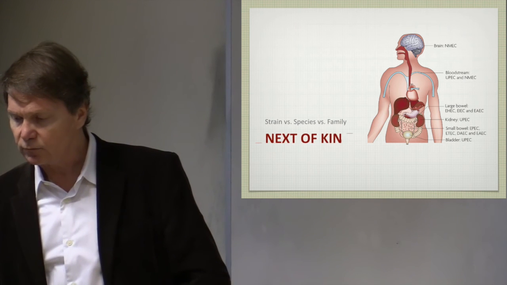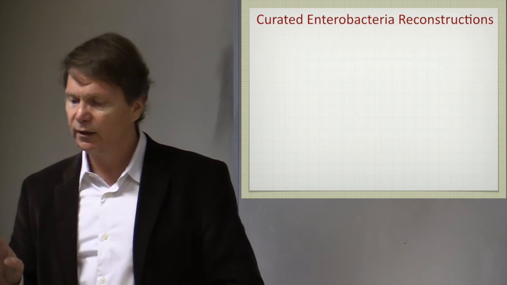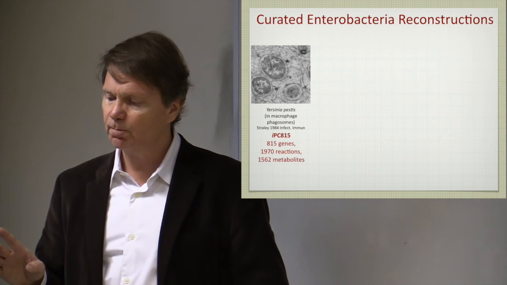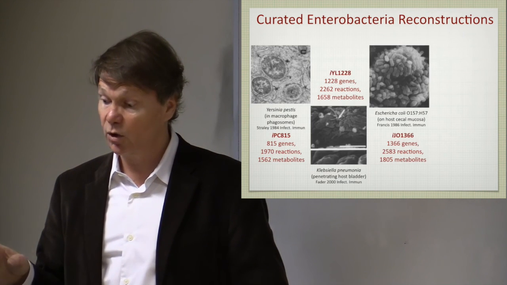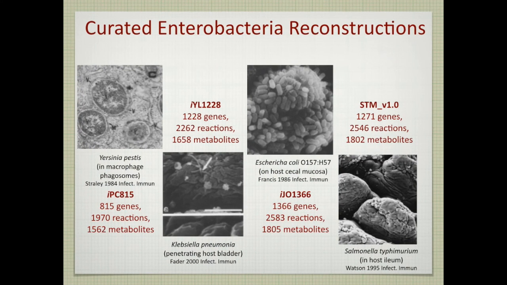And so we now have not only sequences for these E. coli strains that I'll talk about in a moment, but there are also now reconstructions of closely related species, Salmonella, like I mentioned, Klebsiella, Yersinia, which are also enterobacteria and have a large overlap in genomic content with E. coli. So these were also reference models that could be used in this mapping process.